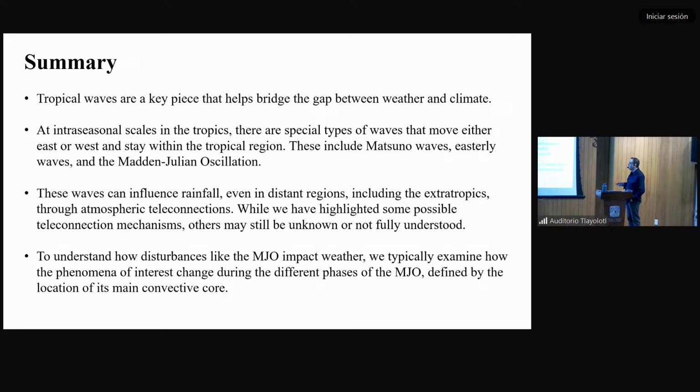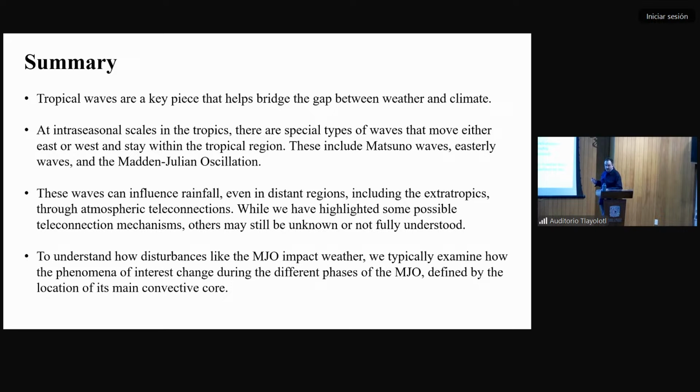Of course, these waves can influence rainfall, even in distant regions, even in the extratropics through atmospheric teleconnections. But it's important to mention that we must be careful when associating causality with these waves, because not necessarily do the waves create the phenomena that we are studying.